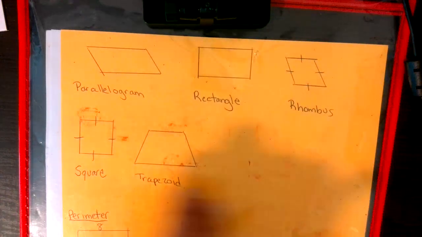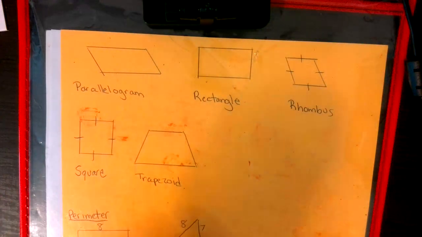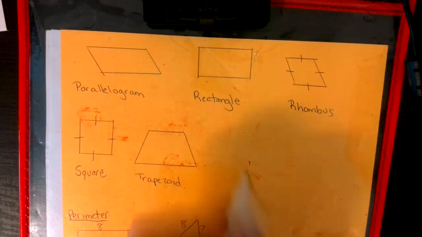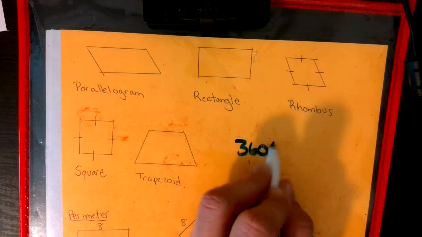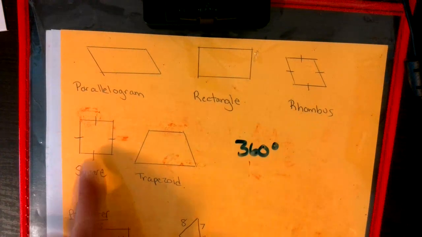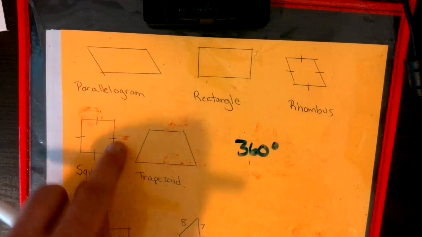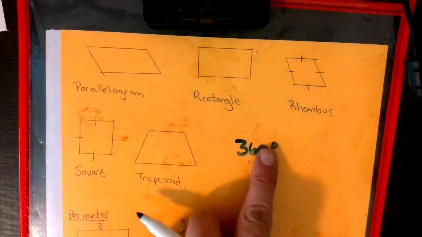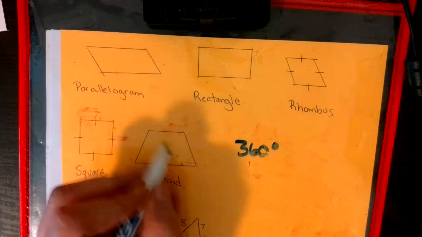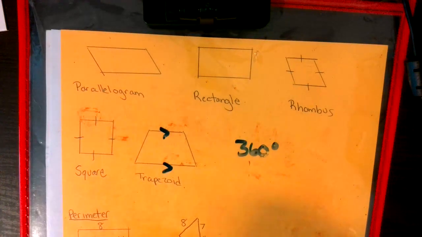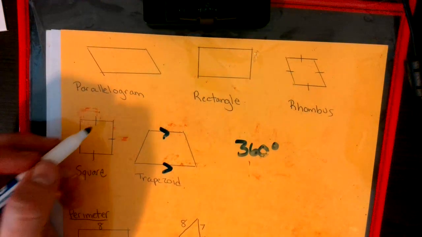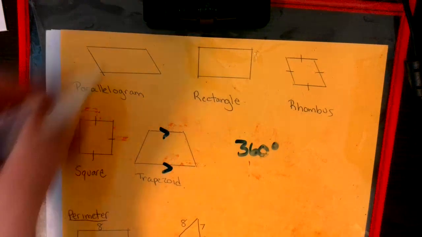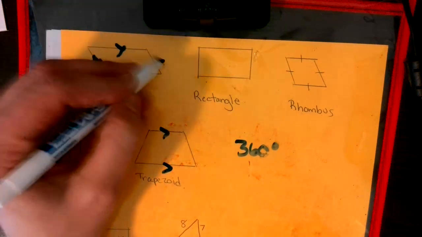All of the quadrilateral families have 360 degrees in each of them. The square has all sides the same. Each of the corners is 90, 90, 90, 90. Make your 360. A trapezoid has one pair of parallel sides, whereas all the rest of the quadrilateral families have two pairs of parallel sides.